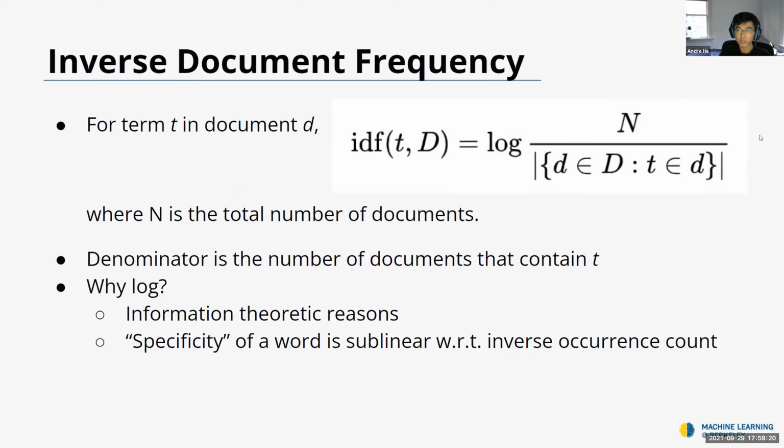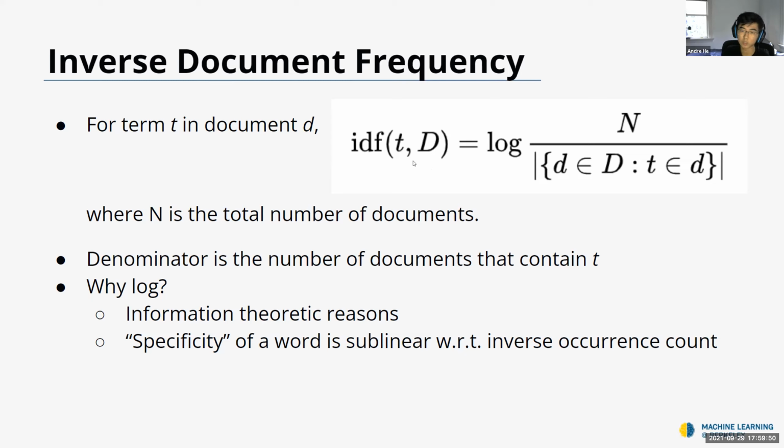Yeah, and then the more interesting part of TF-IDF is the IDF part, inverse document frequency. So the formula here, once again, T is the term we're looking at, and capital D is the set of all documents. So it would be all the passages from all the items that you have. This is more of a global parameter because you're not just looking at the passage for your one item.